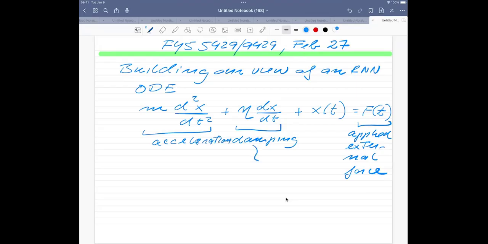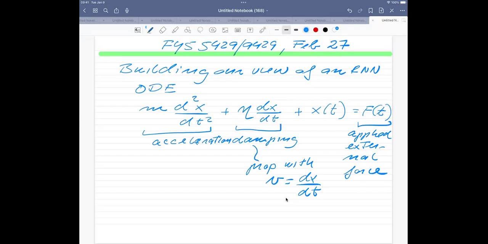The damping is normally proportional with the velocity, with v, which is dx/dt. And the x term is what comes from harmonic oscillations. And this is something which you probably are very familiar with.